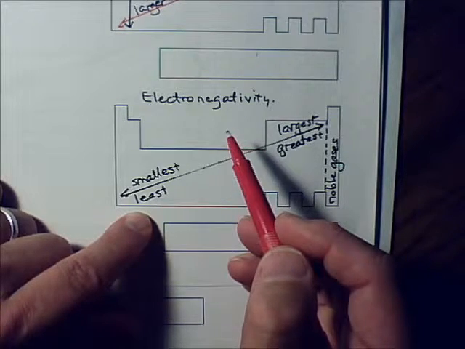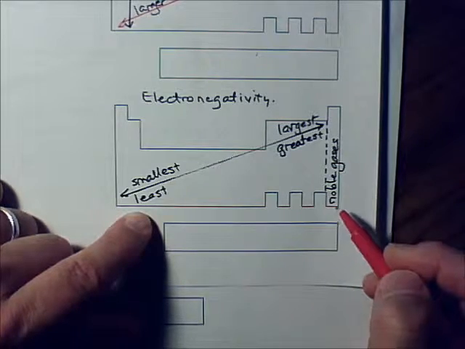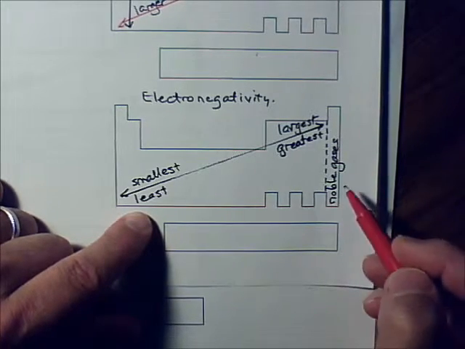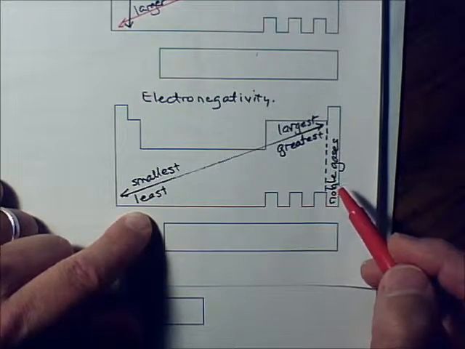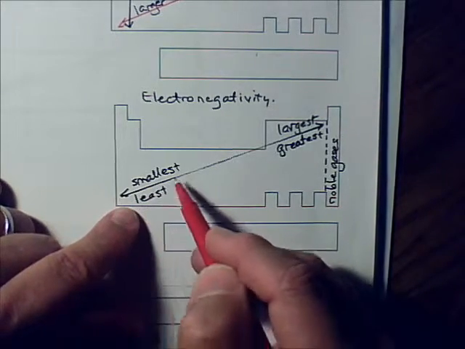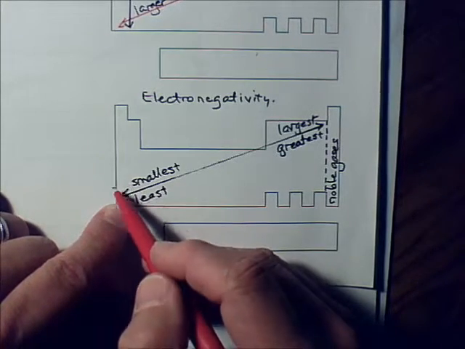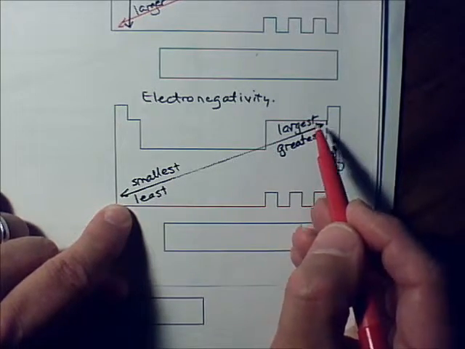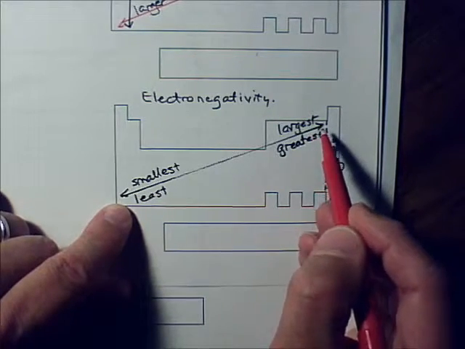That's what electronegativity is. Since noble gases don't generally bond or share electrons, then we're going to leave those out. You have to leave out the noble gases to understand the pattern. So the smallest or least amount of electronegativity is in the lower left. We're down here where cesium and francium are located. And the largest is up here in the upper right, except for the noble gases, and that's where fluorine is located.